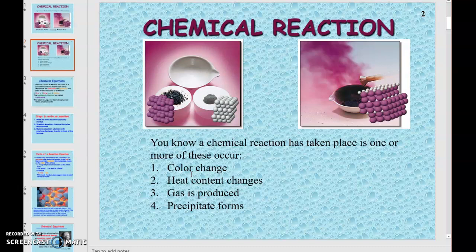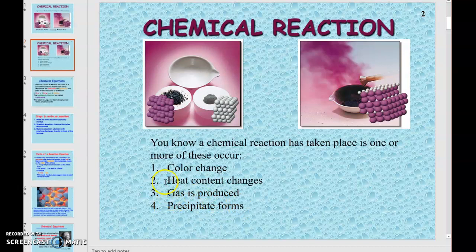That's not a surprising color change. Or if you water down some Gatorade and it's a lighter color than it was to start with, that's not a surprising change either. The surprising changes are like you mix two clear liquids and you get like a yellow solid or something. By the way, that yellow solid would be an example of a precipitate forming if you mix liquids together and you get a solid that forms.